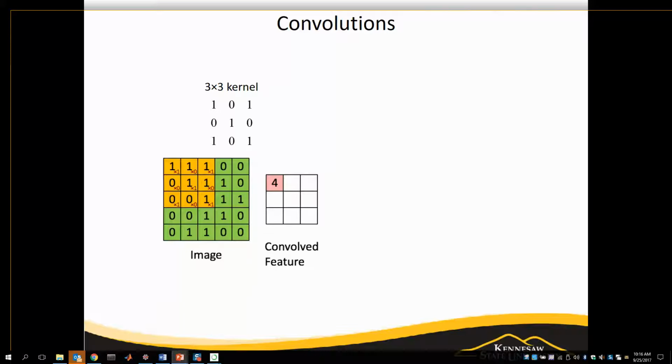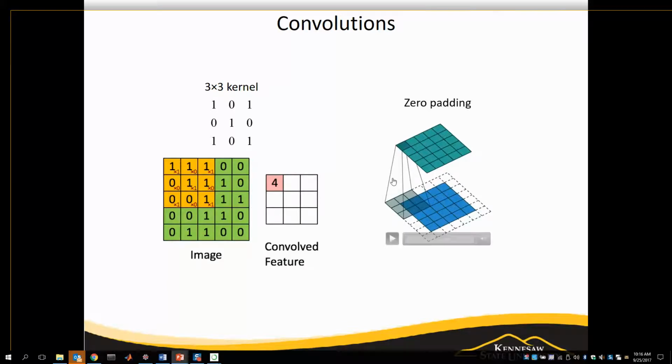If it does matter and you want a value for the kernel at every position in the original image, you can do what's called zero padding. With zero padding, this blue thing is your original image, and you make that image bigger by putting zeros around the outside edge.